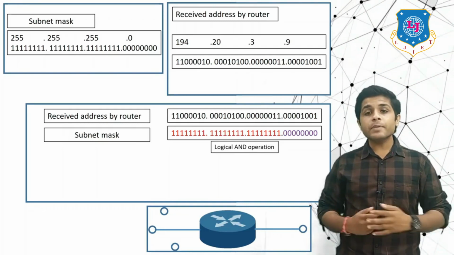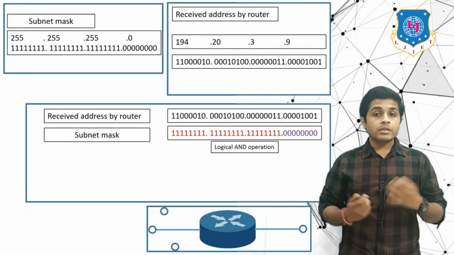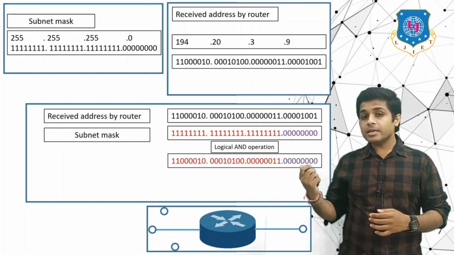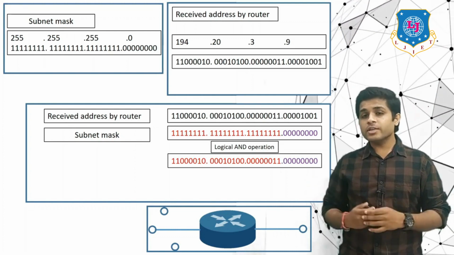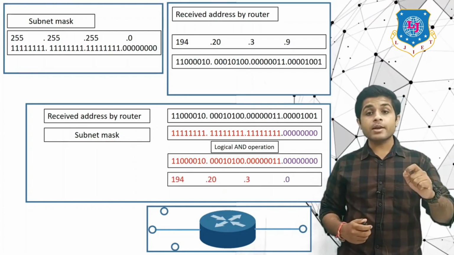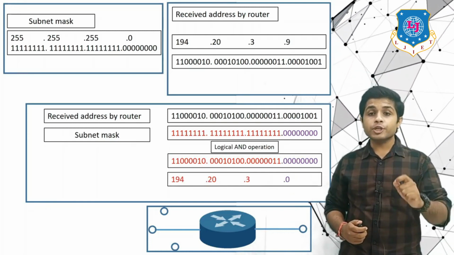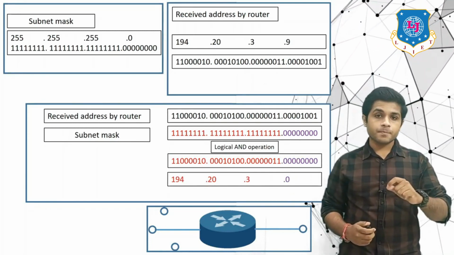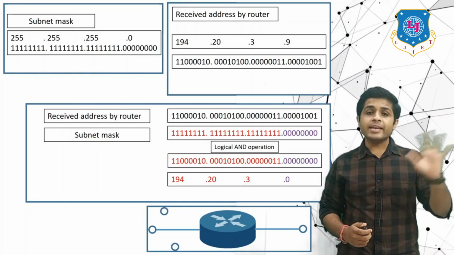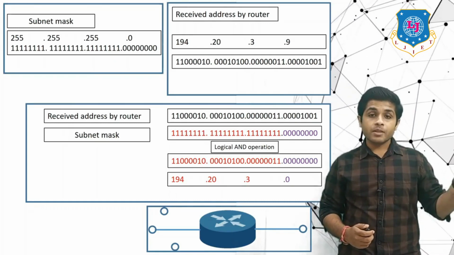After performing the logical AND operation, the router will get the binary number which you can see, and for our convenience, let's convert that number into decimal and you will get 194.20.3.0.